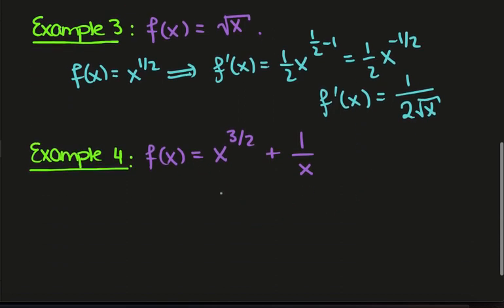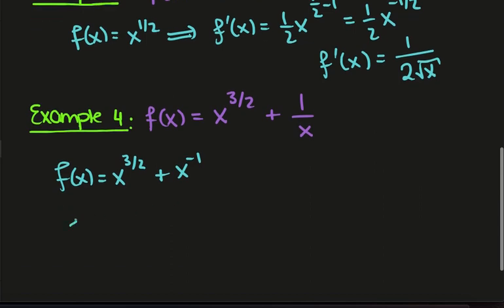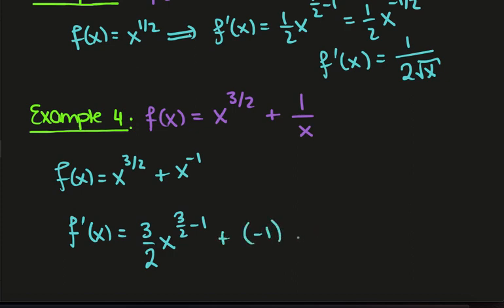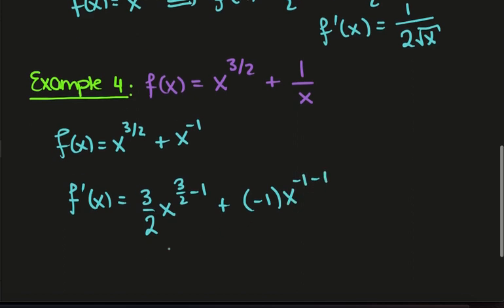Okay, so one last example. Let's look at f of x equals x to the 3/2 plus 1 over x. What we'll do is we'll start by writing f of x as x to the 3/2 plus x to the negative 1, and then just applying the rule, we end up with 3 on 2 times x to the 3 on 2 minus 1, plus the negative 1 comes down, and I get negative 1 minus 1.